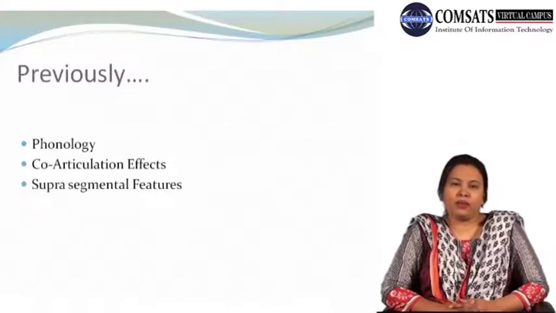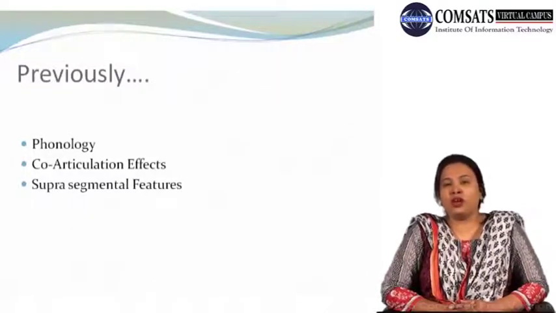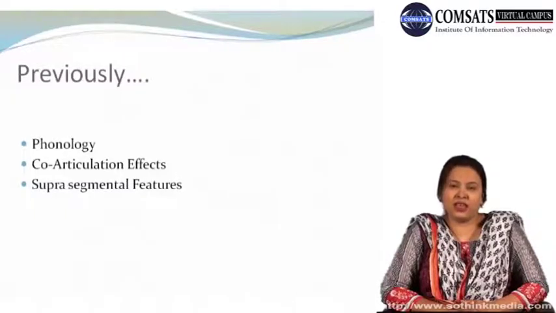Today we are going to start with another level of the language, that is morphology. If you remember, in our previous lecture we were done with phonetics and phonology. Our last lecture was based on two different areas of knowledge in phonology: co-articulation effects and suprasegmental features. The co-articulation effects arise when we try to produce two sounds simultaneously.